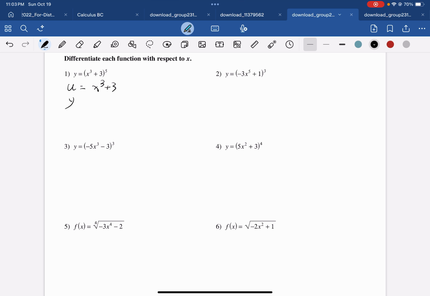So the whole function becomes y equals u to the 5th. To do the chain rule, we have to find the derivative of y with respect to u, so dy over du equals 5u to the 4th, and we also have to find the derivative of the u function with respect to x. So du over dx equals 3x squared plus 0.